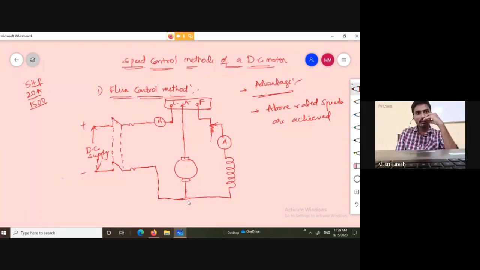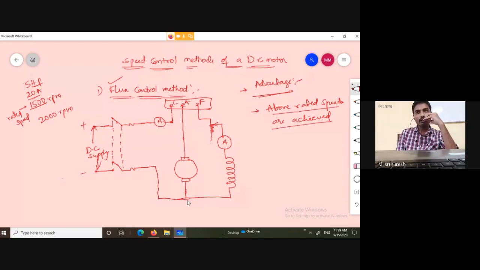Suppose the rated speed is 1500 rpm, which means revolutions per minute. By using this flux control method, we can achieve up to 2000 rpm, which is greater than the rated speed. So above rated speeds are possible by conducting this method.